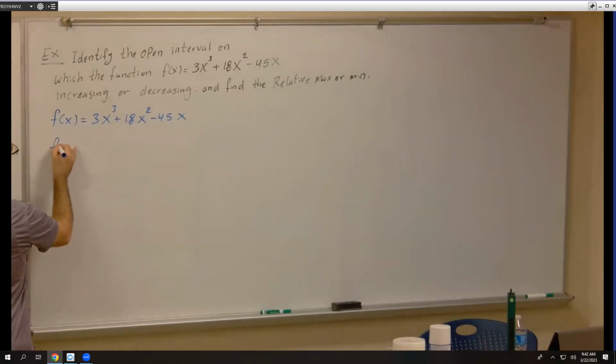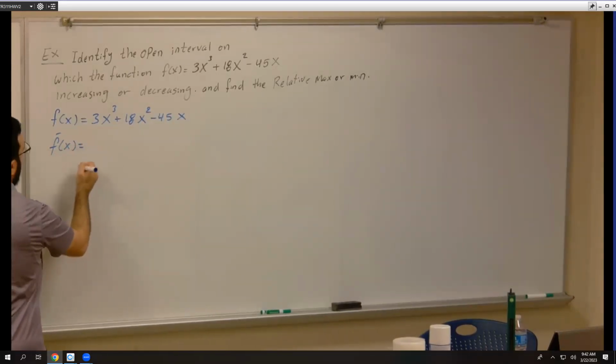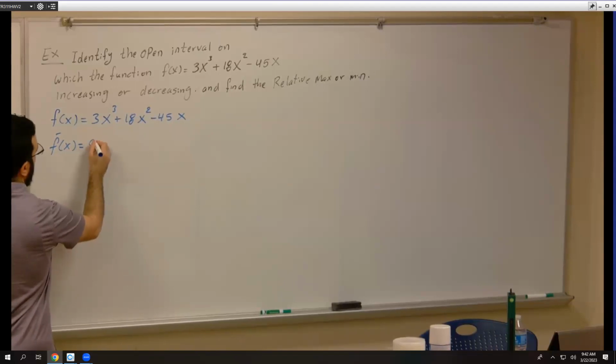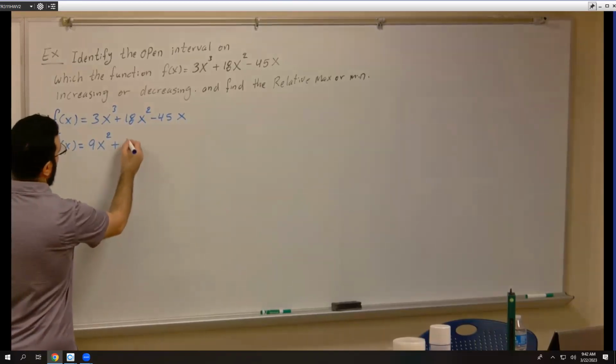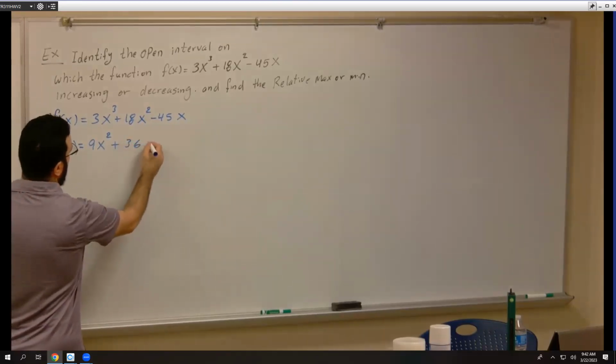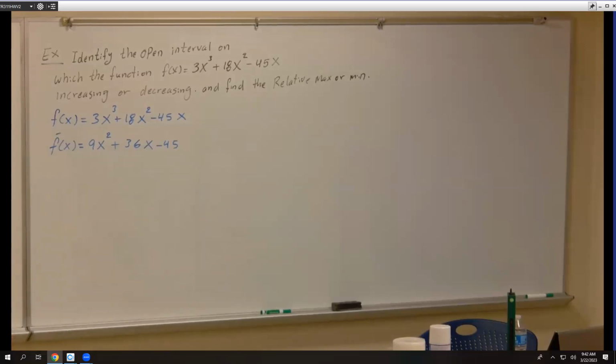Find the derivative. It's going to be 9x squared plus 36x minus 45. Now, the first step, we're going to find the critical numbers.